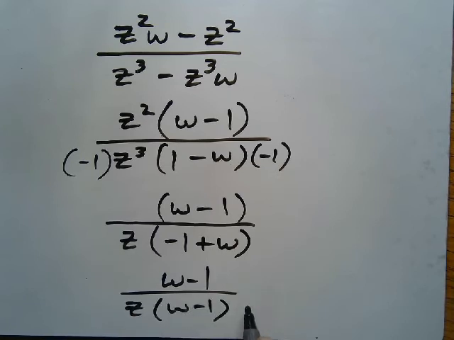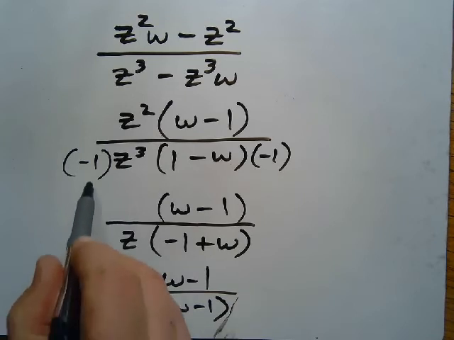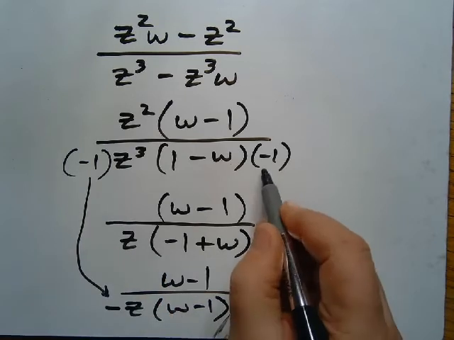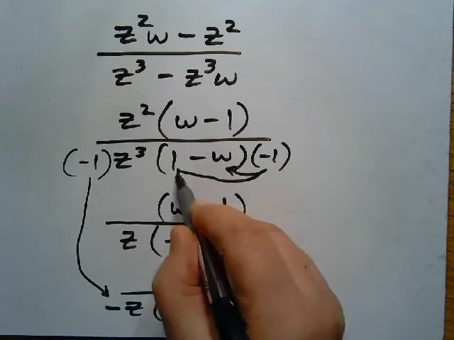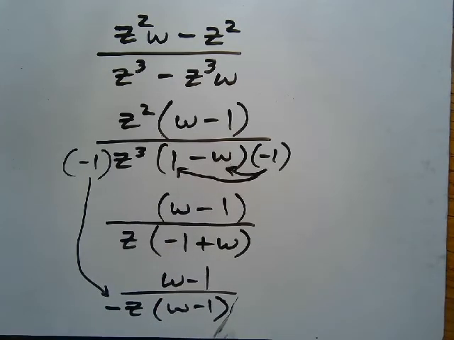But I still have that negative 1 here that I multiplied that times. So I've got the negative 1 right here. That negative 1 came down. That negative 1 got distributed in. There's a couple ways to think about doing this, but basically I'm multiplying that by a negative 1.